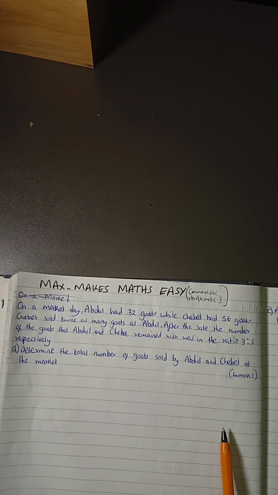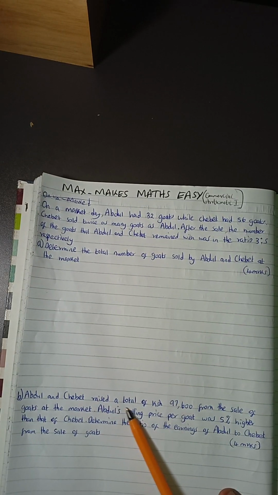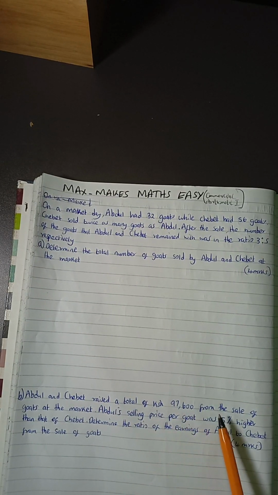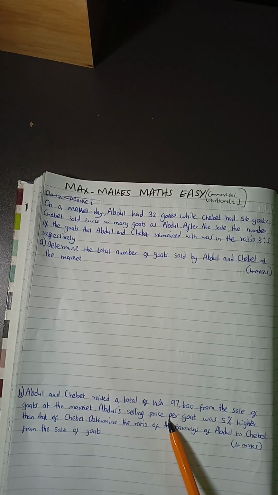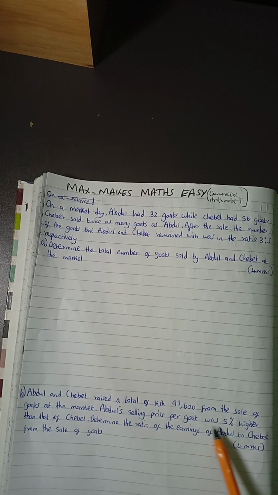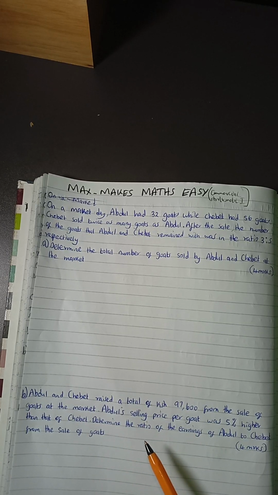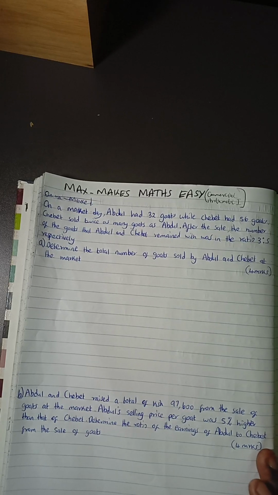Part A: determine the total number of goats sold by Abdul and Chebet at the market. Part B: Abdul and Chebet raised a total of 97,600 from the sale of goats at the market. Abdul's selling price per goat was 5% higher than that of Chebet. Determine the ratio of the earnings of Abdul to Chebet from the sale of goats.